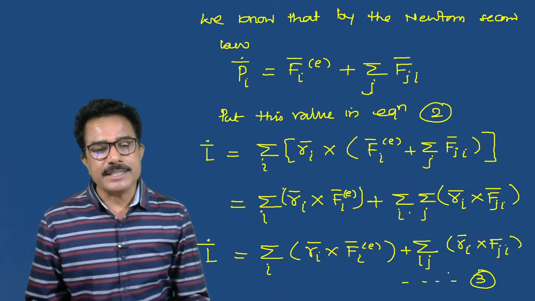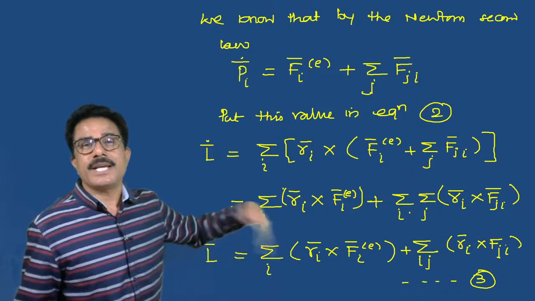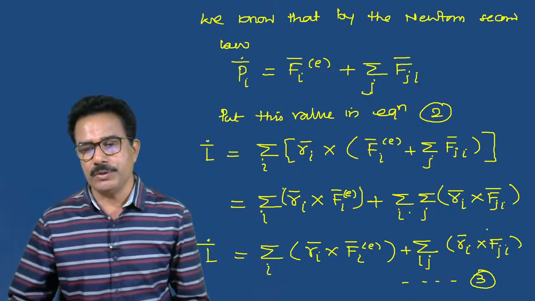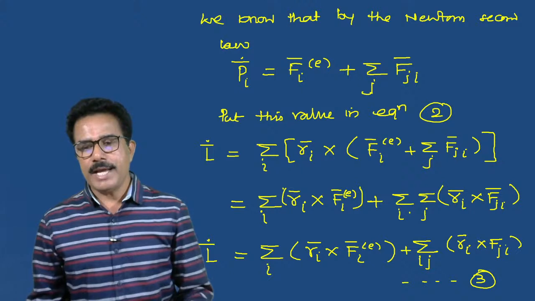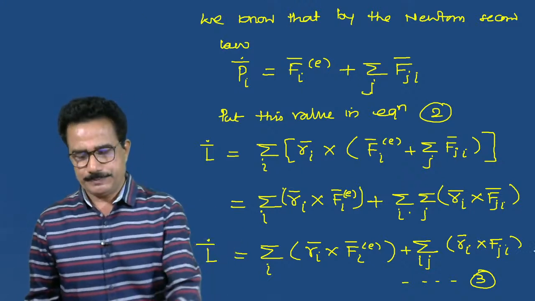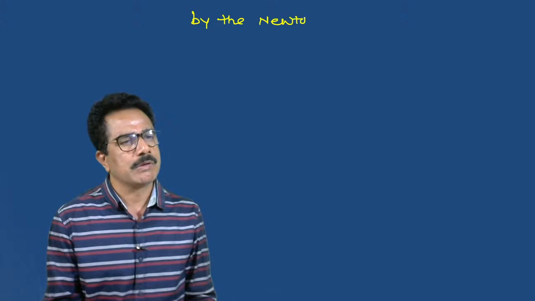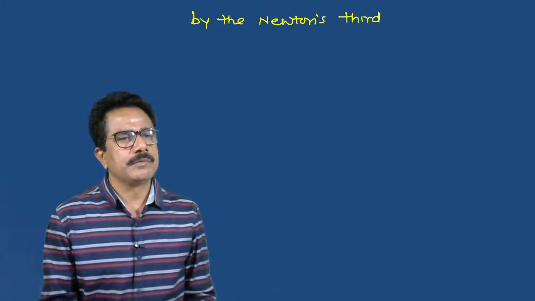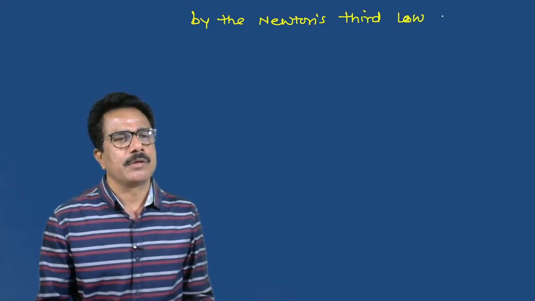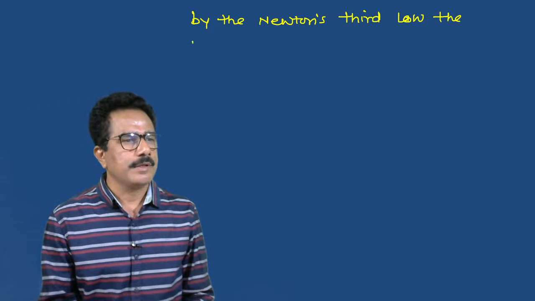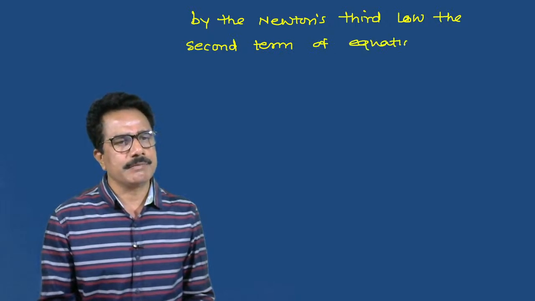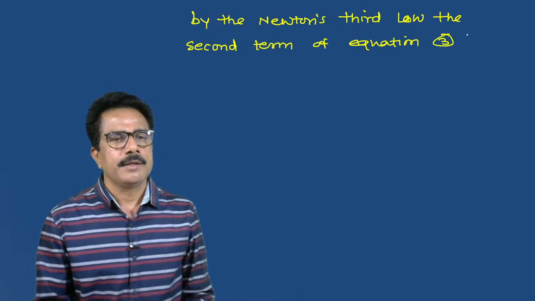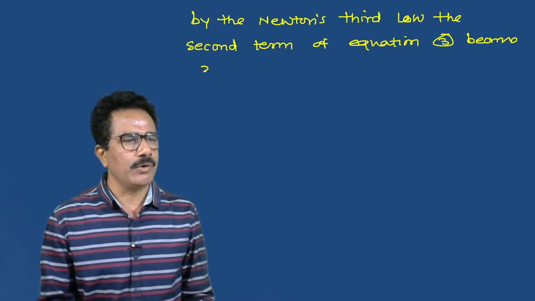By Newton's third law, the second term of equation 3 becomes 0.